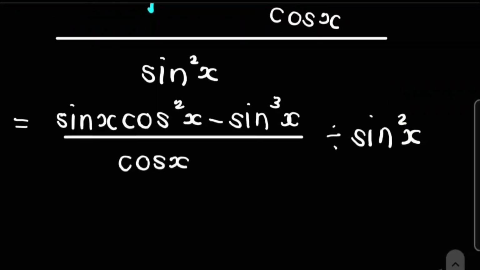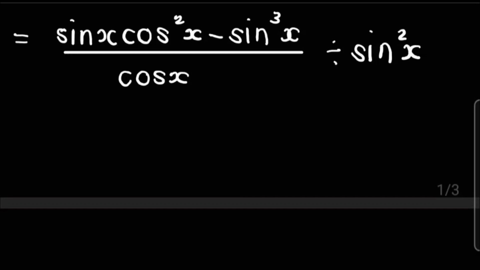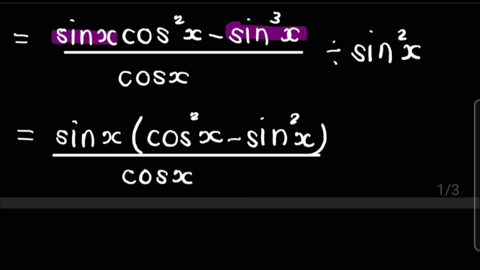To simplify further, what we now notice is that in our numerator of the first fraction, both of them contain sine x. So we can actually pull out sine x as a common factor. So here we have it. Taking out sine x from the first term, we're left with the cos squared x. And from the second term, we're left with minus sine squared x.